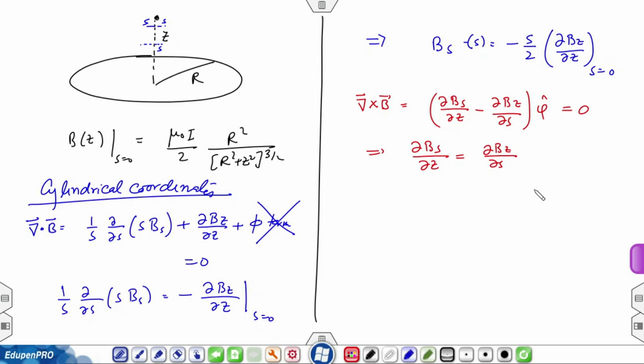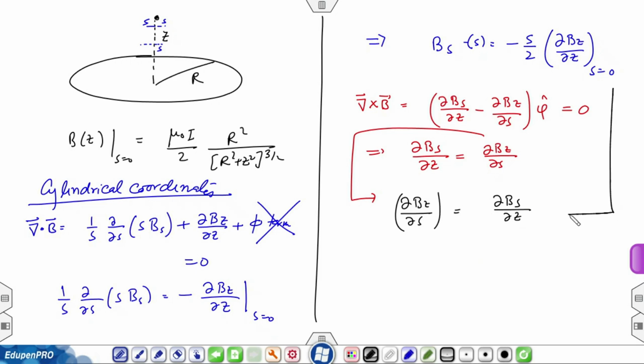Therefore, I can write from this partial Bz by partial s to be equal to partial Bs by partial z, which from the answer I have already calculated is going to be minus s by 2 d2Bz by dz square at s equals 0.